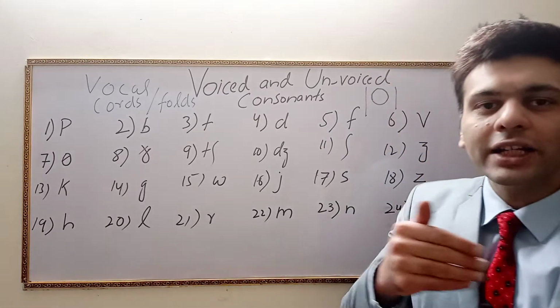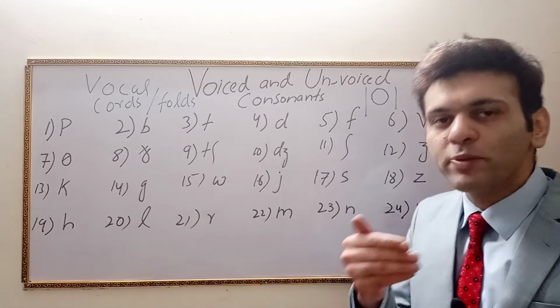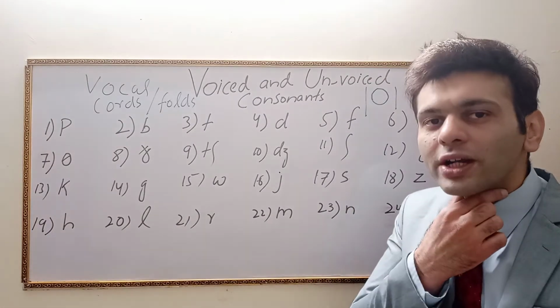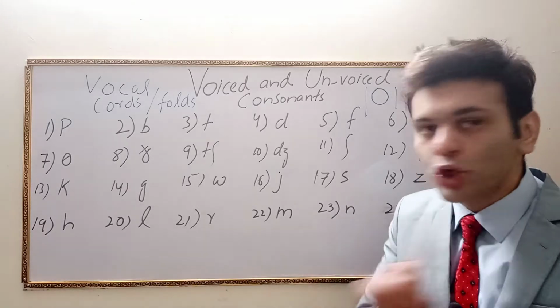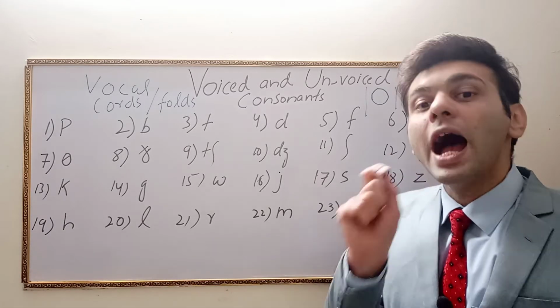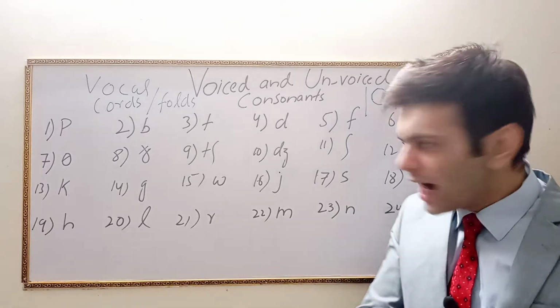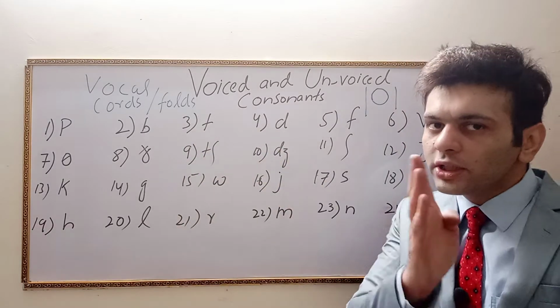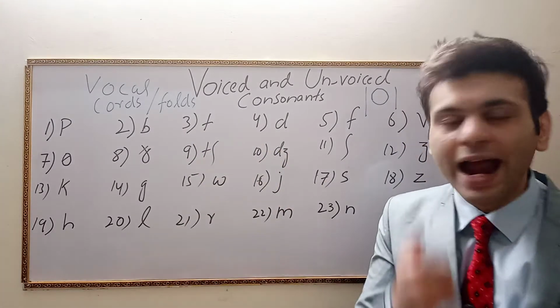If, in the articulation of a particular phoneme, the vocal cords do not vibrate, then that phoneme would be unvoiced. Today, I am going to teach you how to understand this.